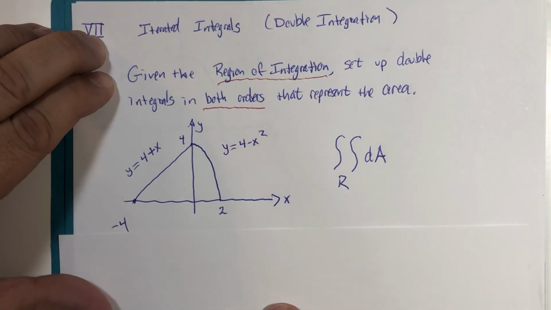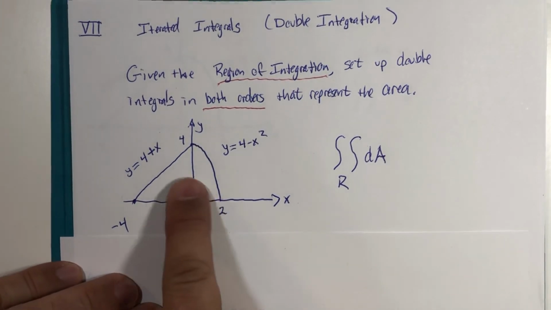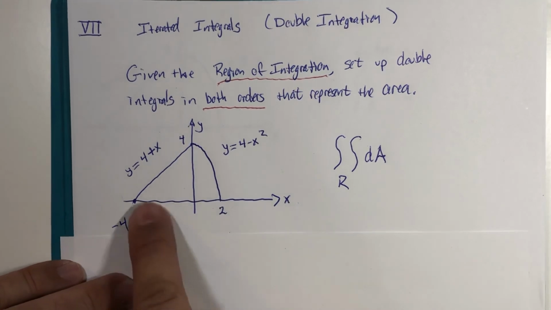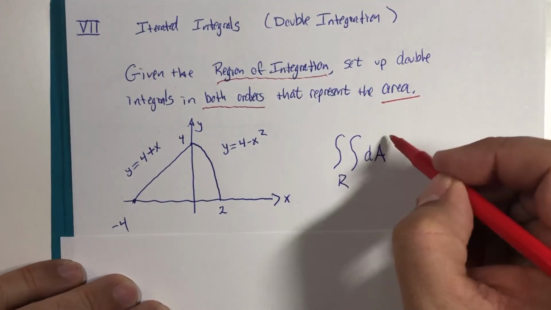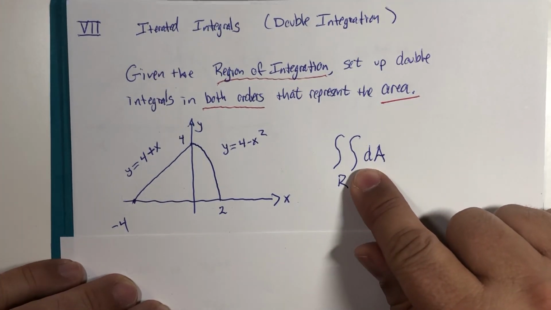We are going to take this region here between the x-axis and these graphs. The whole thing here is our region. And we're going to use the integral to calculate area. As a reminder, if there is no function in here, we can think of this as area.